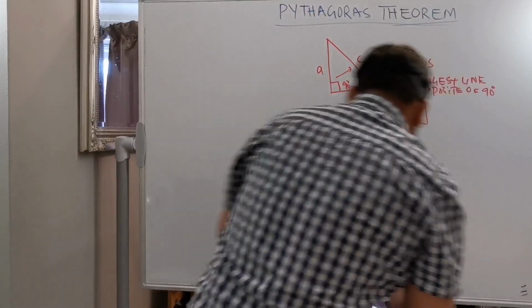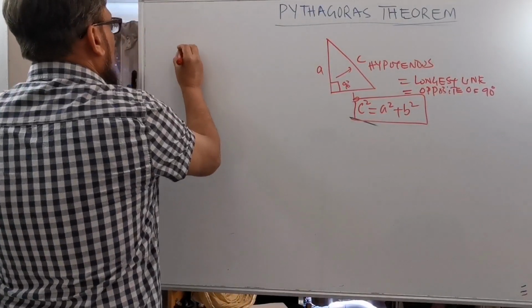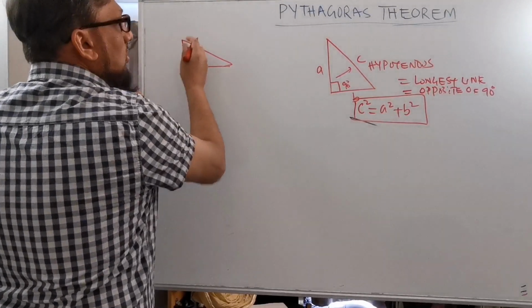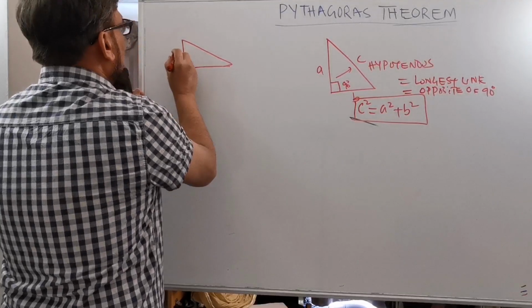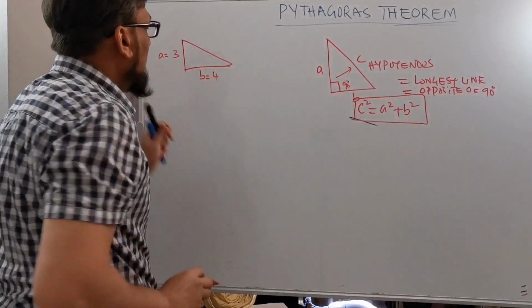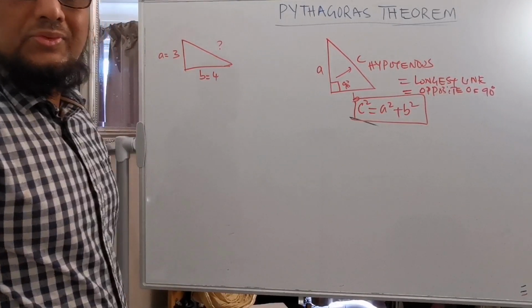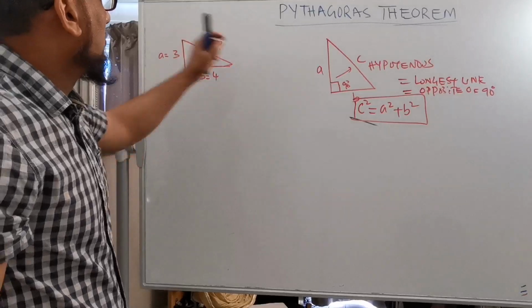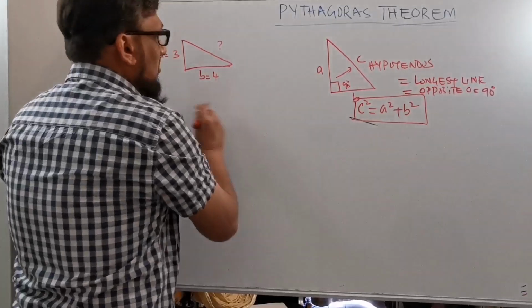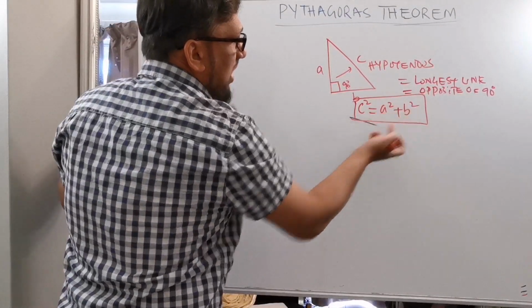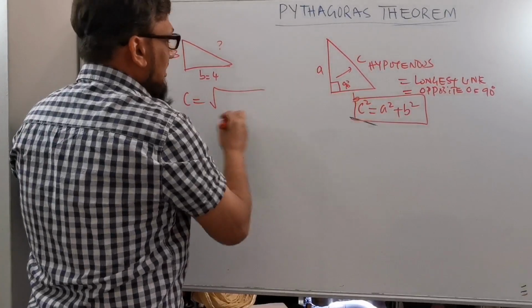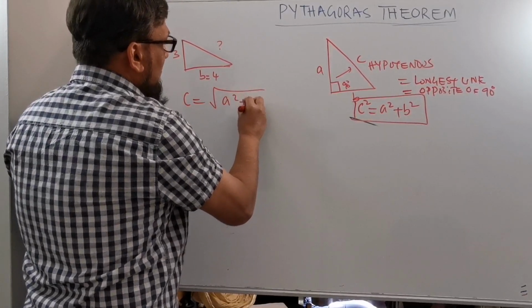In the first example, there is a right angle triangle where A is 3 and B is 4. Find the value of C. We need to find the hypotenuse, which is C. So I can write C square equals A square plus B square, so C equals the square root of A square plus B square.